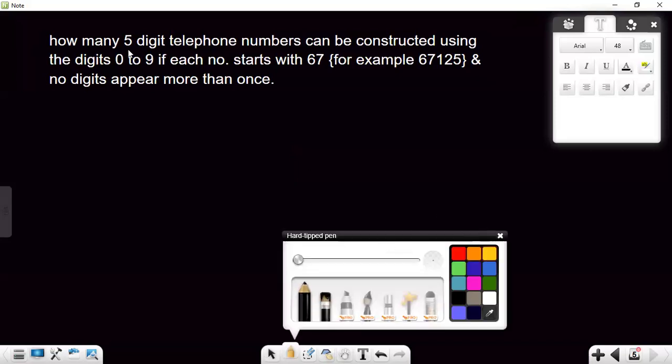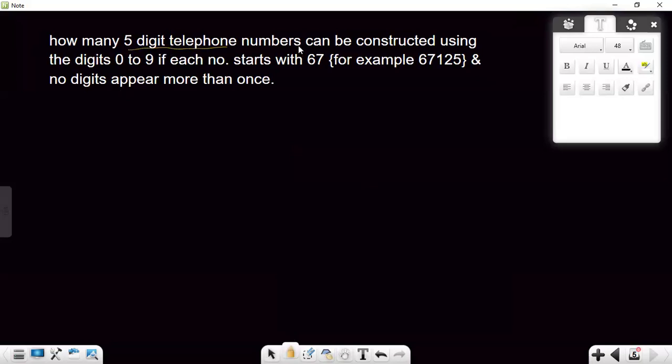How many different 5-digit telephone numbers can be constructed using the digits 0 to 9, if each number starts with 67, for example 67125, and no digit shall appear more than once?